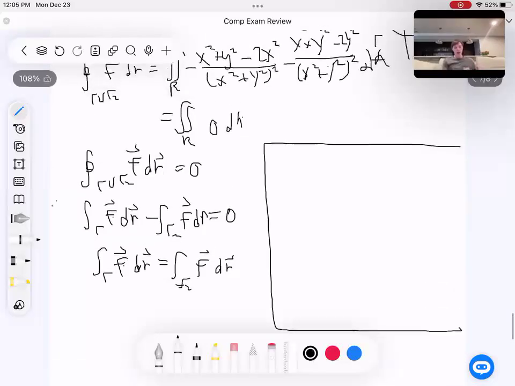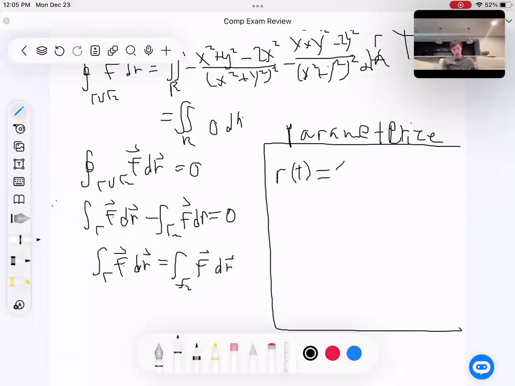So what is that going to be? To parameterize that, we are going to just find the parameterization of a circle. So r of t is just going to be cosine t, sine t.